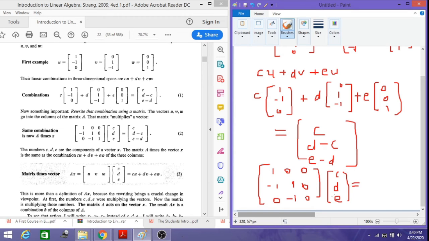In the normal equations, C, D and E are the unknowns, and each is a scalar quantity for the respective vectors. It means it is C times column vector 1, D times column vector 2, and so on. So it results in the same thing: C, D minus C, and E minus D.